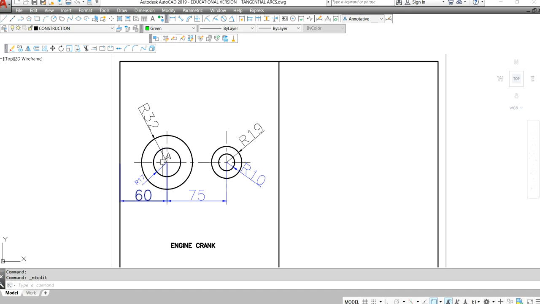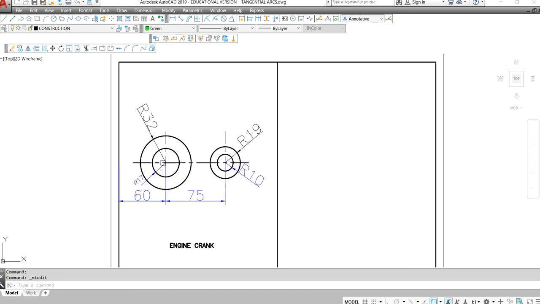To start up, do a horizontal center line, place it in the middle of the paper. The first center line, we're going to do it 60 millimeter away from the border. So move 60, draw a vertical center line and a horizontal center line. The outer is radius 32 and the inner is radius 17.